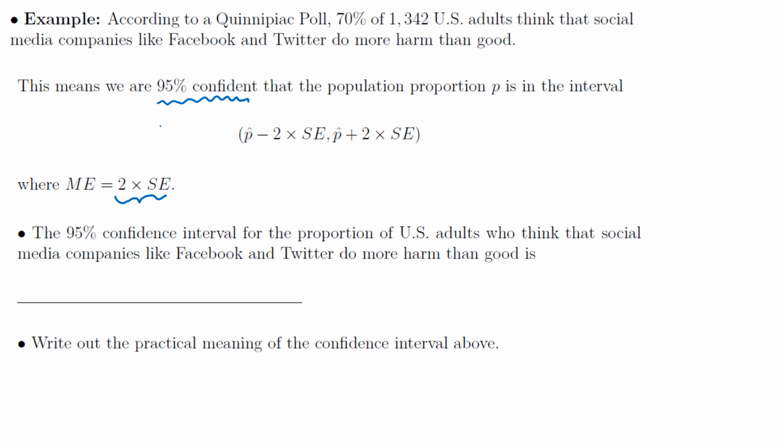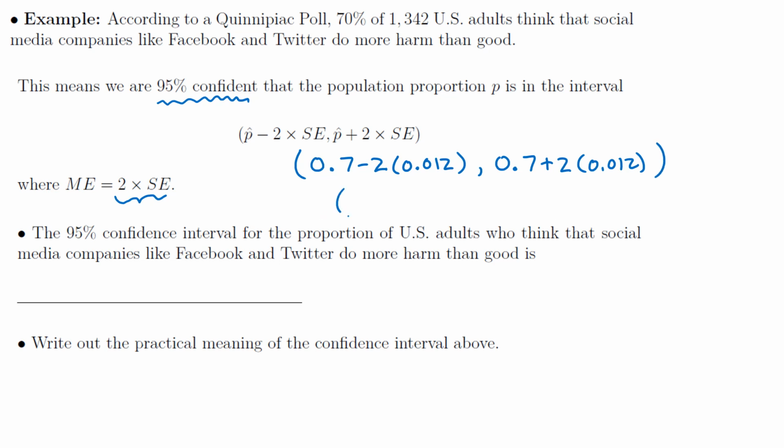All right, so we can apply this to our situation, right? So we have a sample proportion of 0.7 minus 2 times our standard error. And remember, we determined that the standard error was 0.012. And then the upper bound for my interval is 0.7 plus 2 of those standard errors.